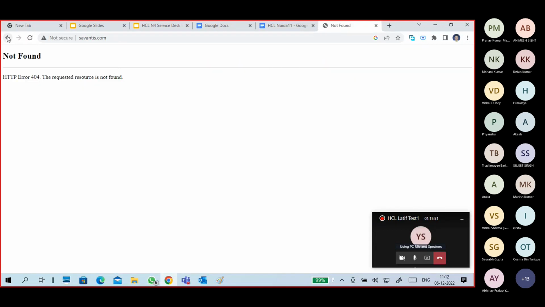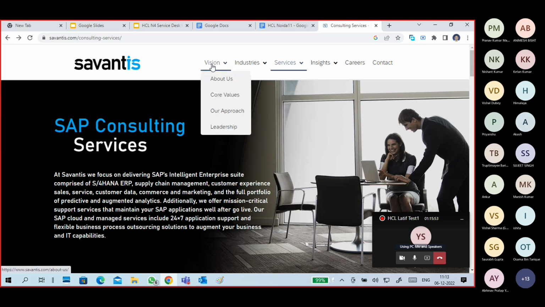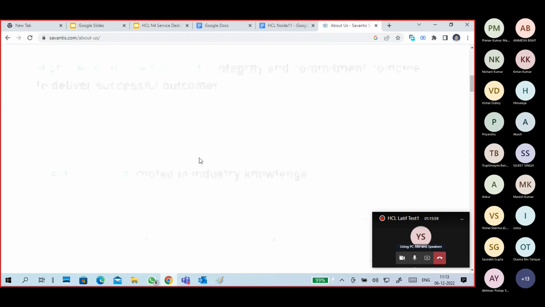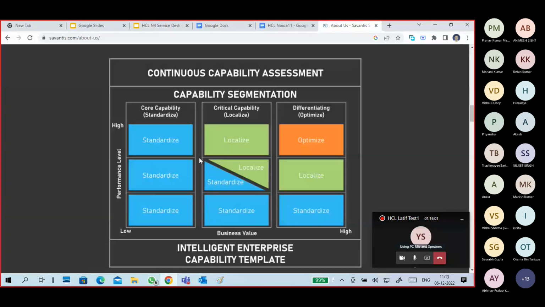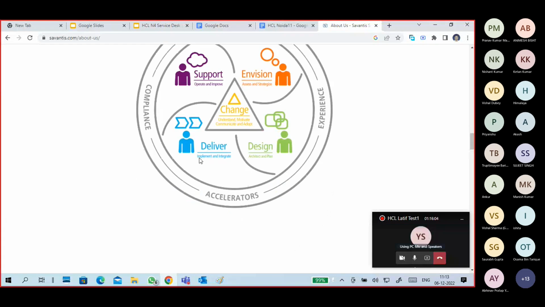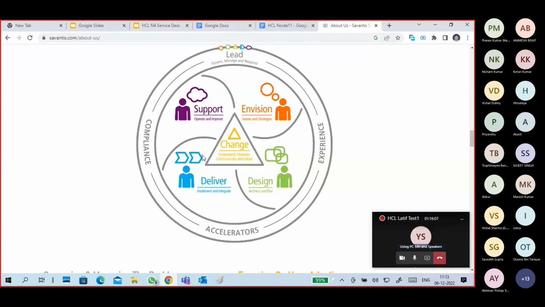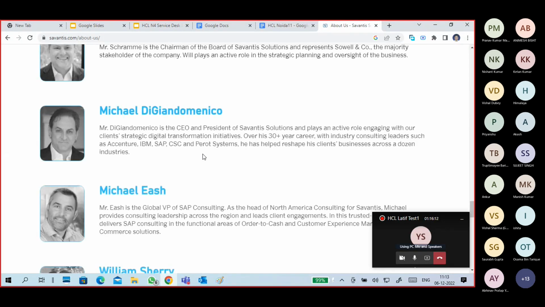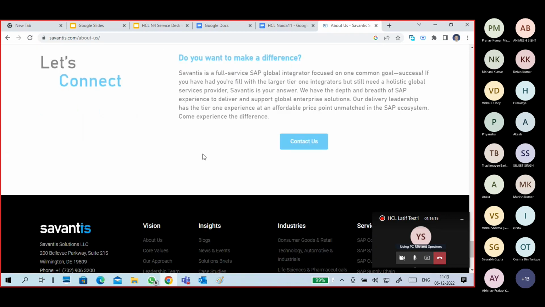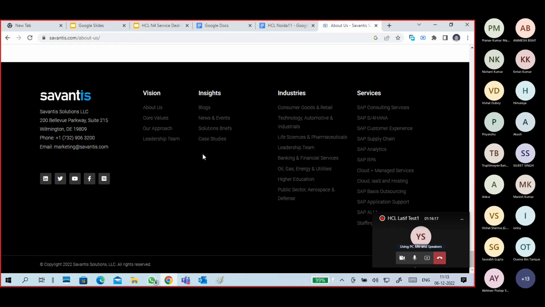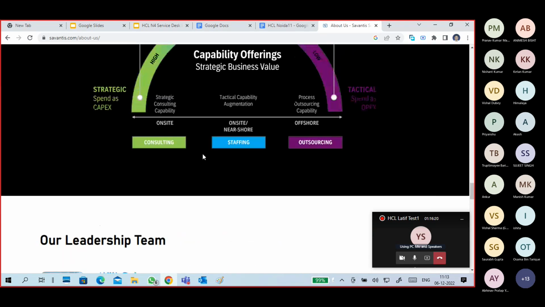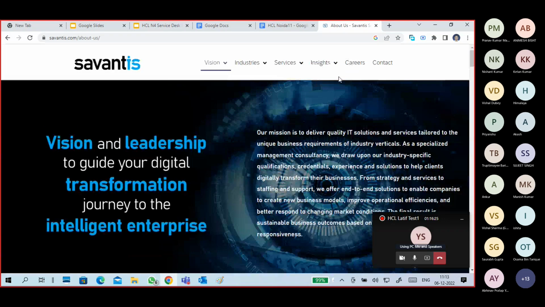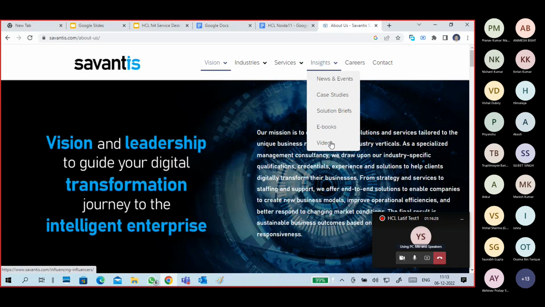Why is it not running? A 404 error is showing on the about us page. There are people behind this organization, but it is not showing the customers. The old website was showing the customers list also, but now it is not showing.